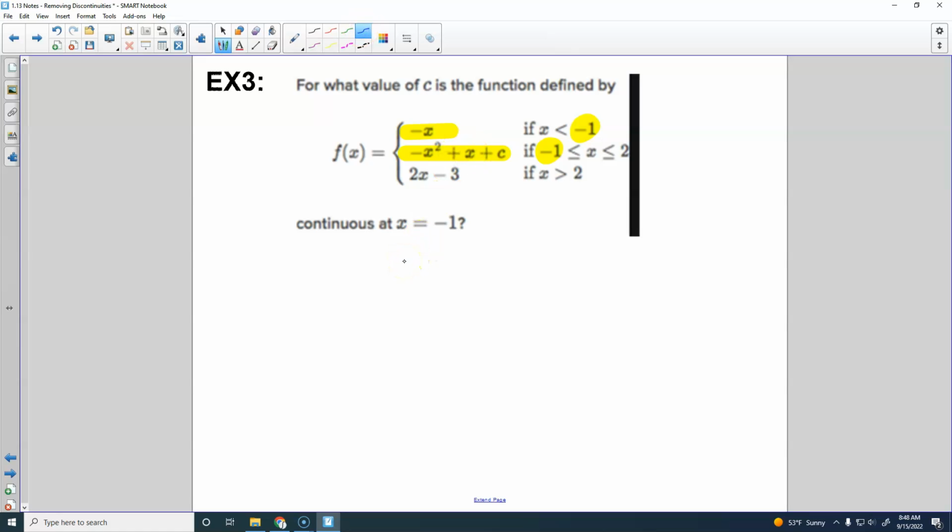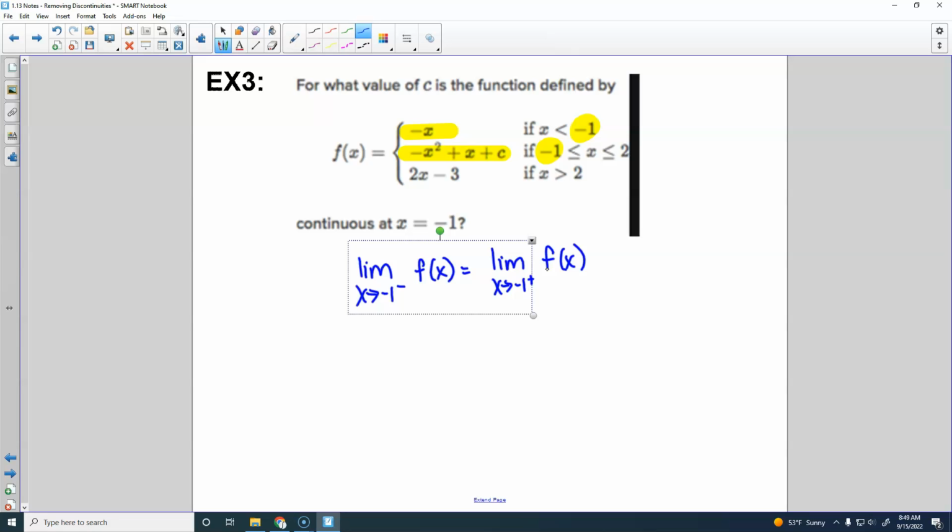So our big concern is that the limit from the left and the limit from the right have to equal each other. So our limit as x approaches negative 1 from the left of f of x has to equal the limit as x approaches negative 1 from the right of f of x for this to be continuous.